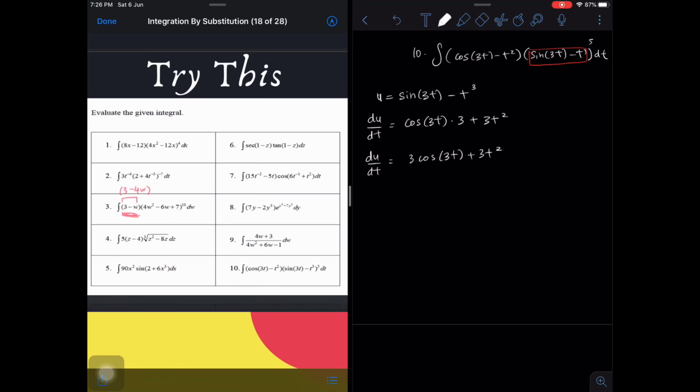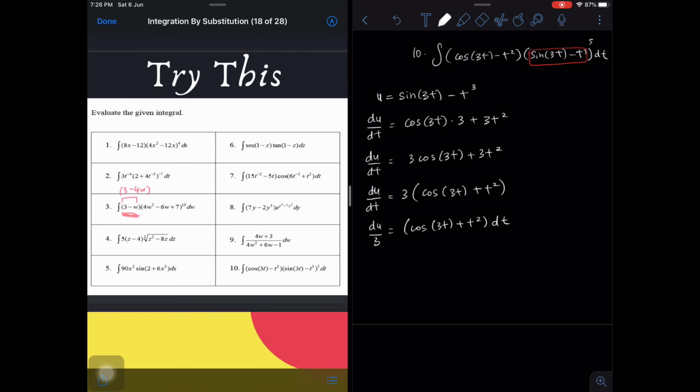If I factorize 3 out, I will have du over dt equal to 3 in bracket cos 3t plus t to the power of 2. Therefore, you can write du over 3 is equal to cos 3t plus t squared dt.